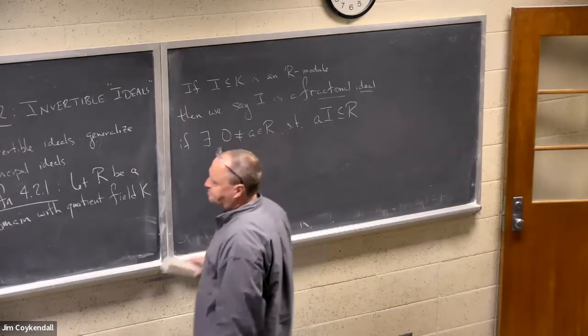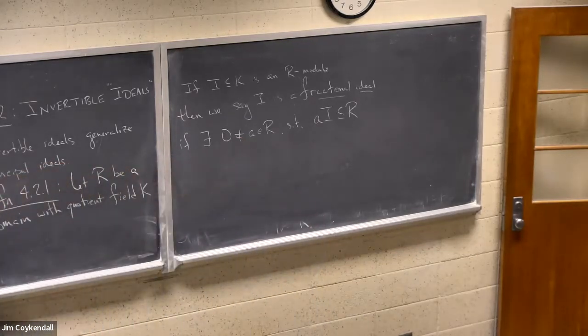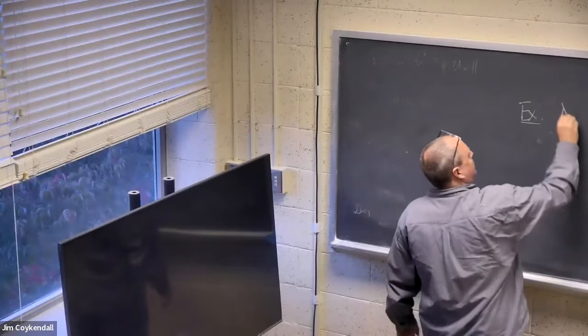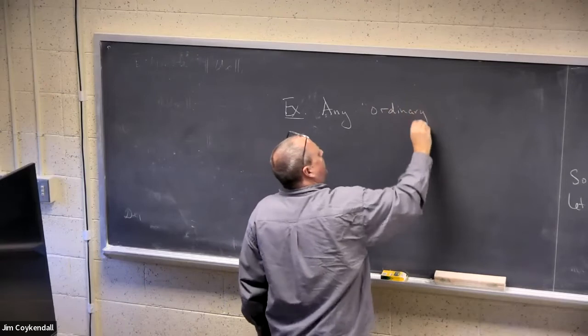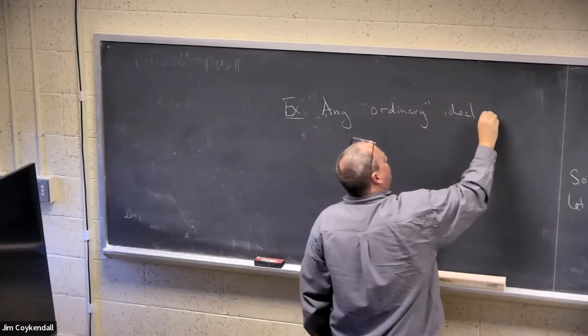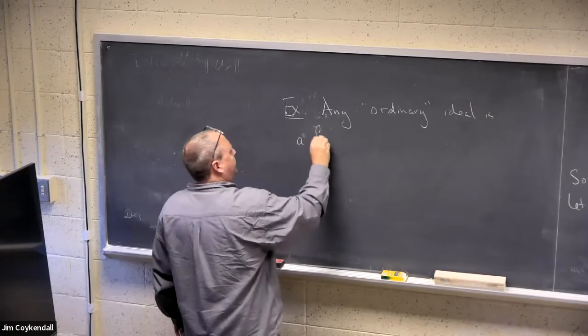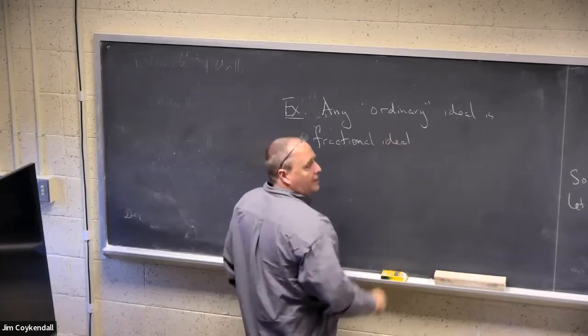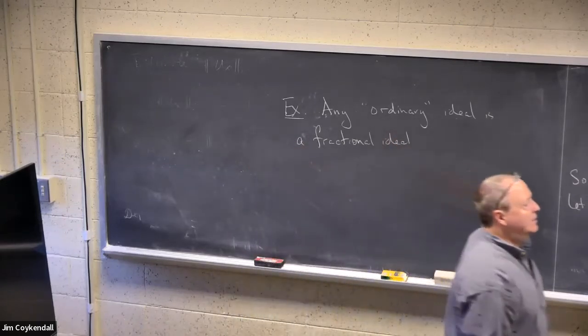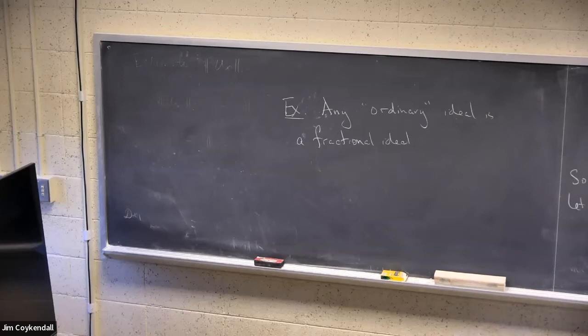So let me look at some examples here, and then I'm going to kind of beat this down. Example: any ordinary ideal is a fractional ideal, because suppose I inside R is the ideal that you're used to.